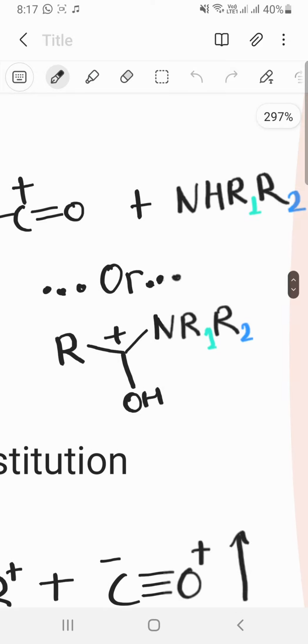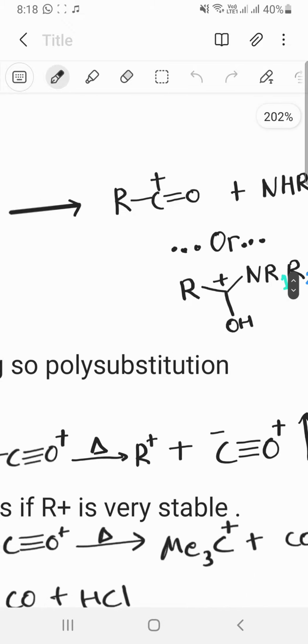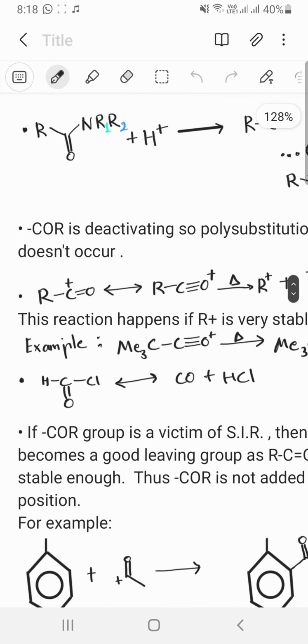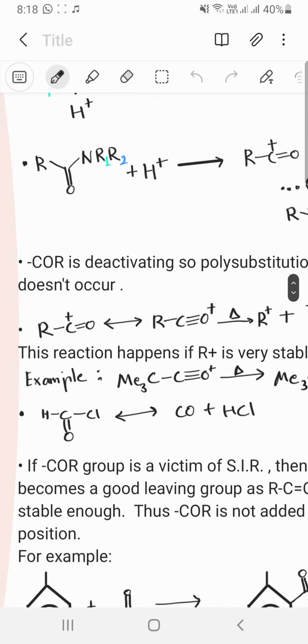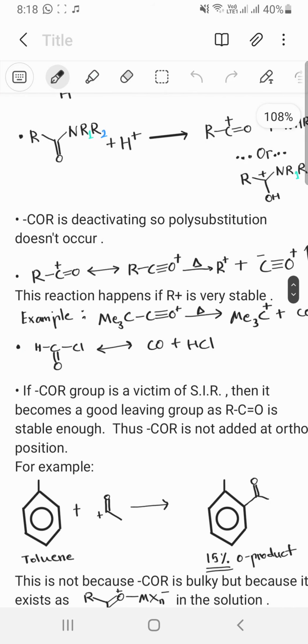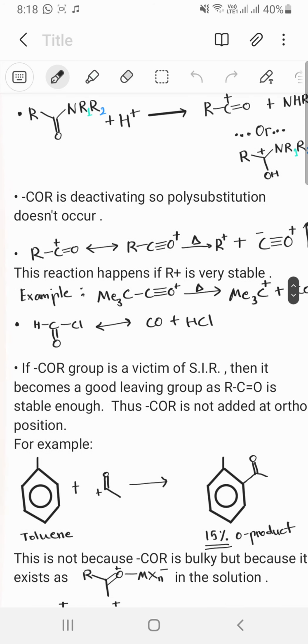By the way, this thing is actually kind of unstable, because you've got these oxygen lone pairs and nitrogen lone pairs roaming around. It's not good. COR is deactivating, so polysubstitution doesn't occur.